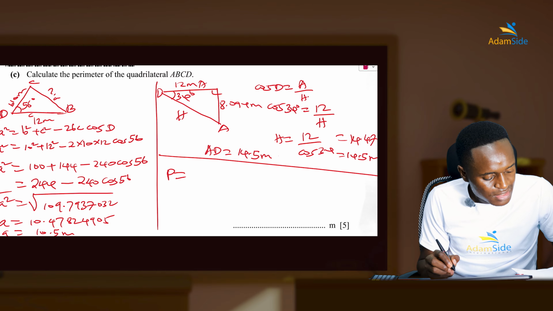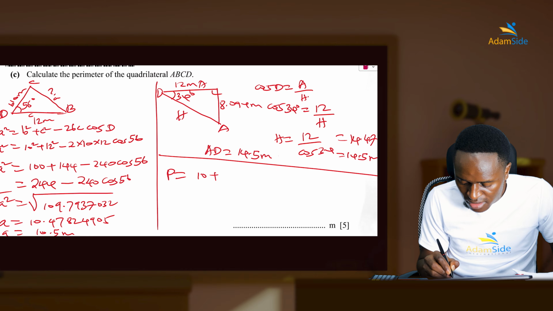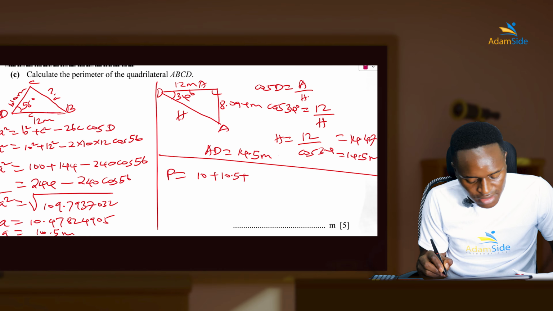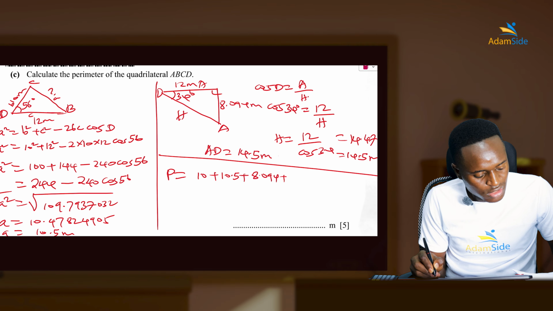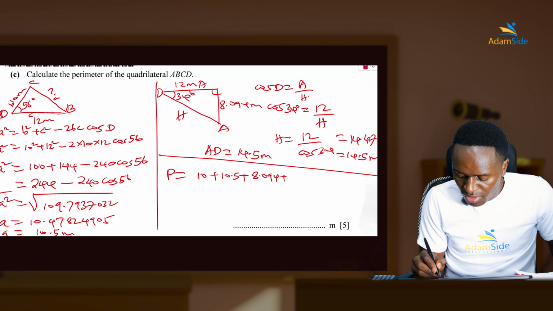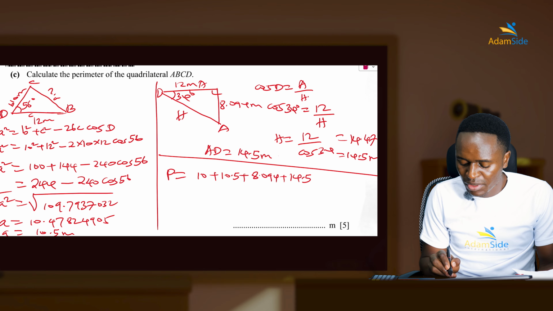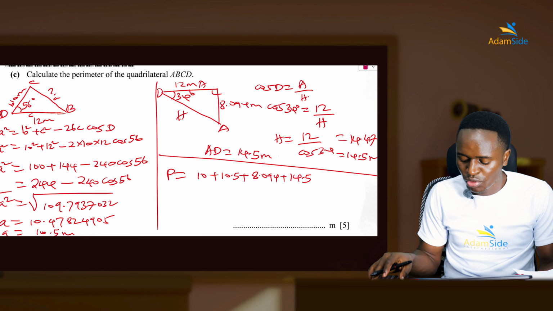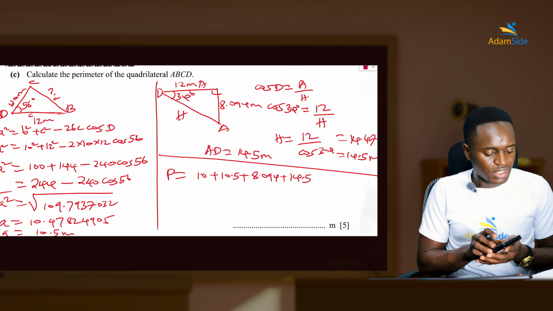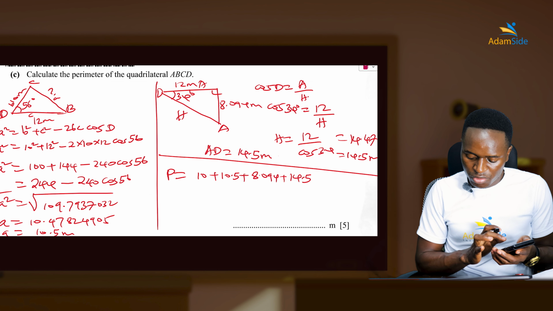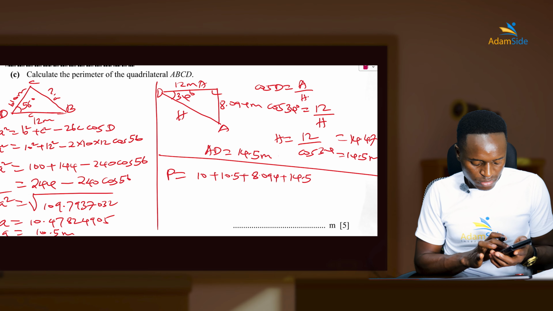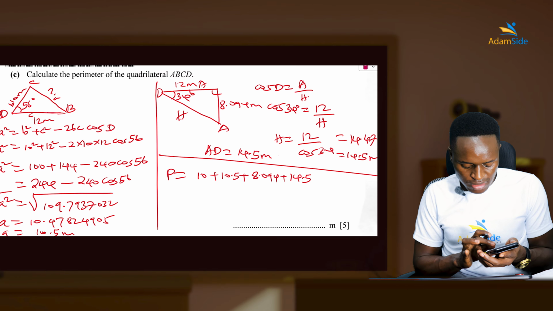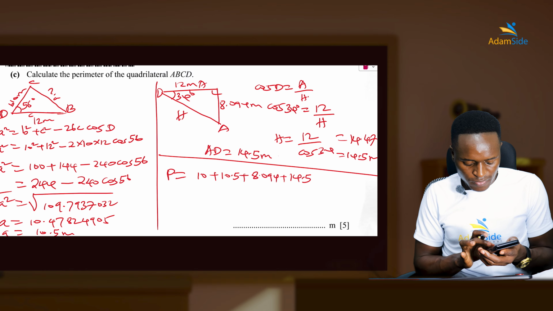So we'll start with 10 plus 10.5 plus 8.094 plus 14.5. Yeah, that's it. The total distance, what will it be? So 10 plus 10.5 plus 8.094 plus 14.5.